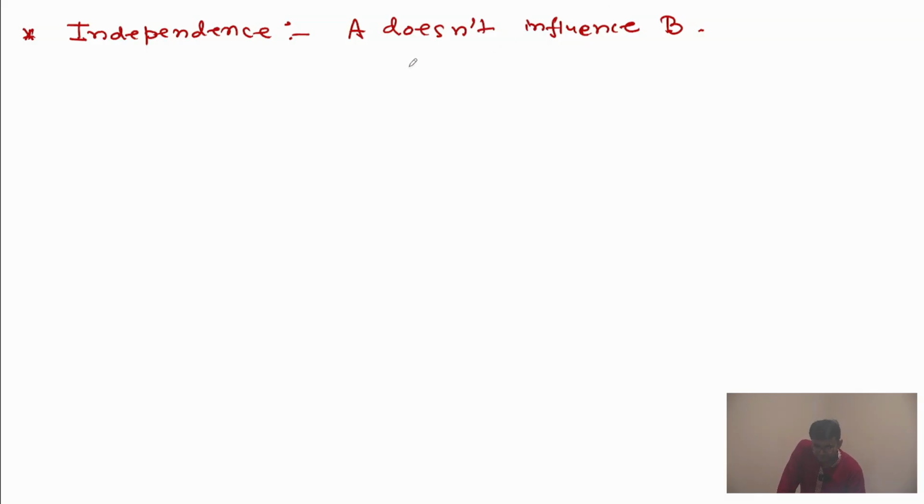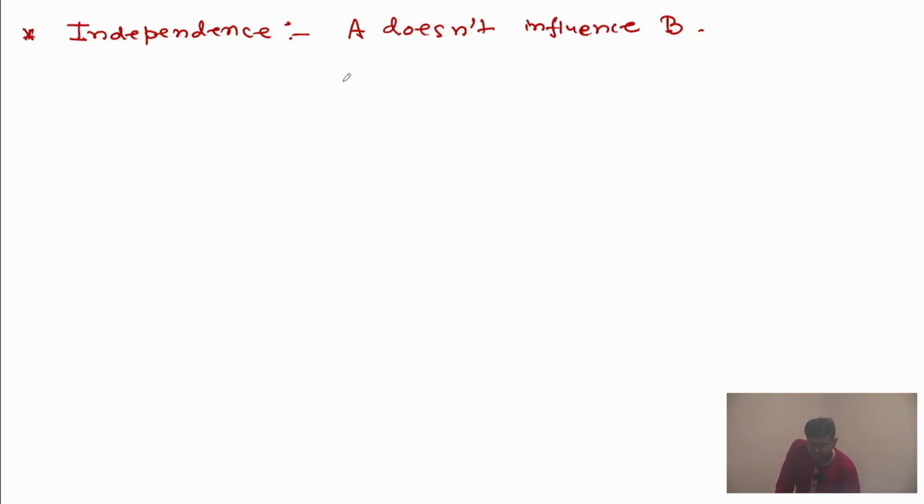So, now if that is the case, what does it even mean from a probabilistic point of view? It means that it should not matter whether you have observed A or not. Your belief about B will remain unchanged or the same.